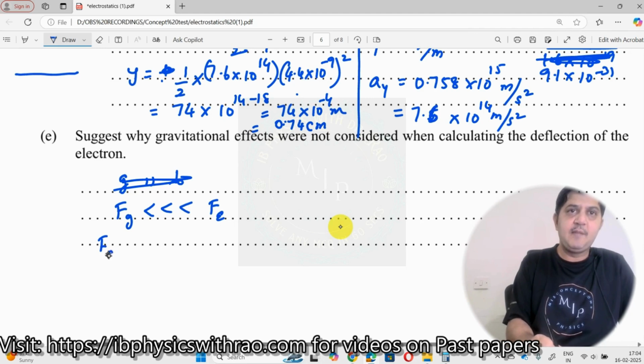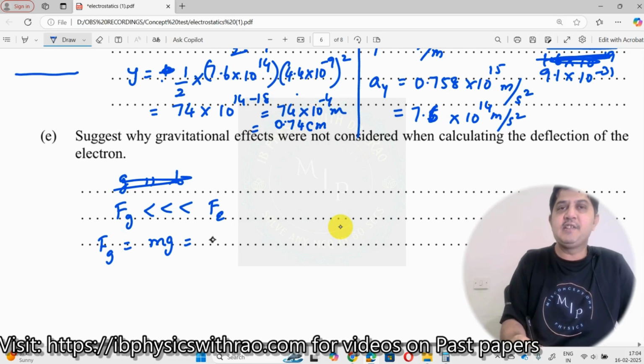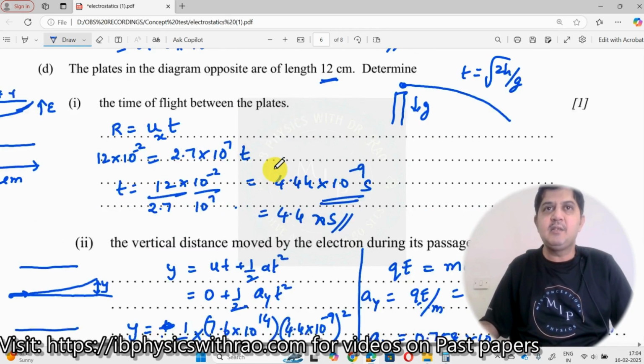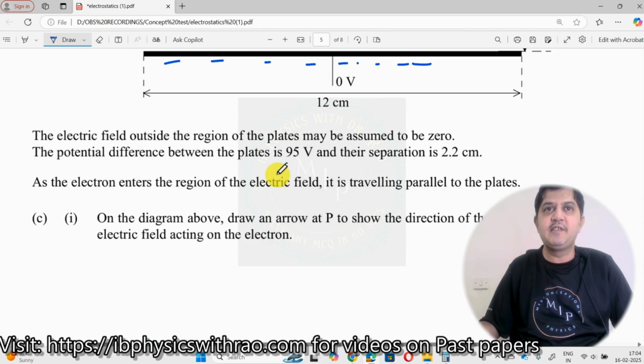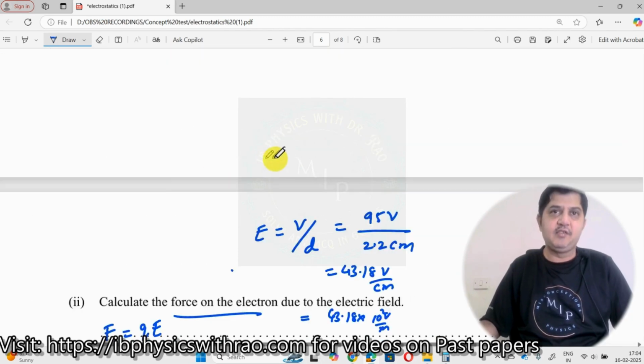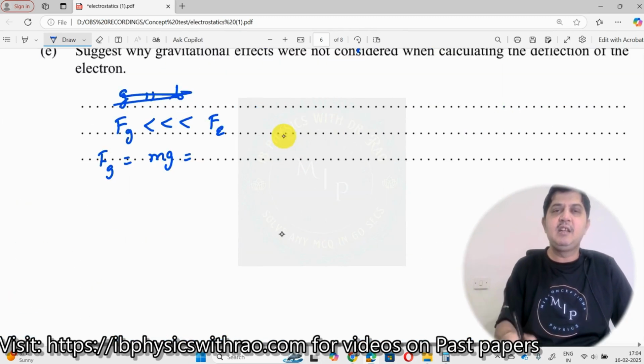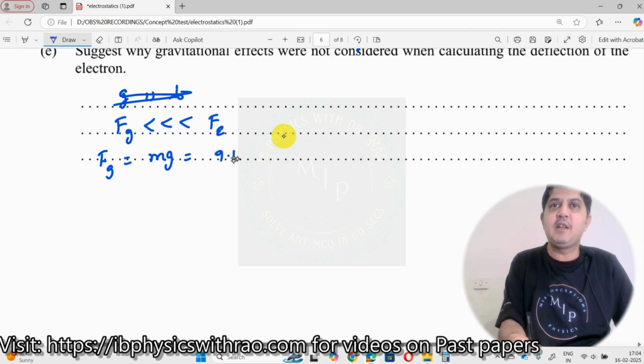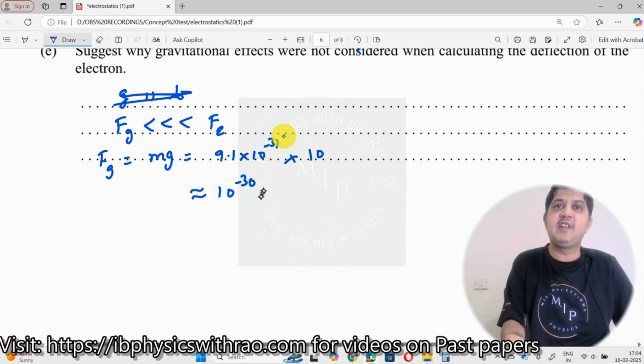If you want, you can compute it, which should be equal to m into g. What is the mass of the particle? The particle is nothing but the electron, so if I just take the magnitudes, 9.1 into 10 to the power of minus 31 multiplied by g, and I take this as 10 over here, even then I get this as 10 power minus 30 Newton.